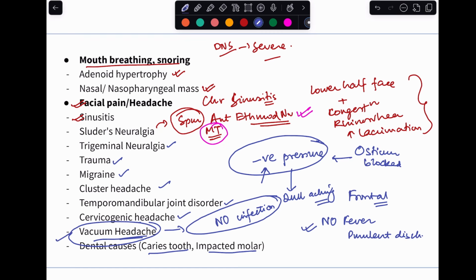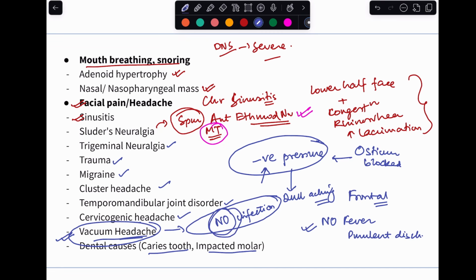This is a case of vacuum headache, and this is a differential diagnosis that can be very commonly missed, and a lot of patients can come to you where they're having a very chronic history of headache, but you are not able to find the cause. And in that case, maybe you can think of vacuum headache, because this is a case where we are seeing no infection.